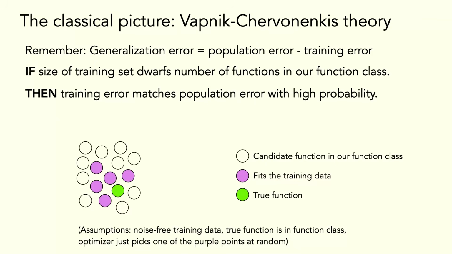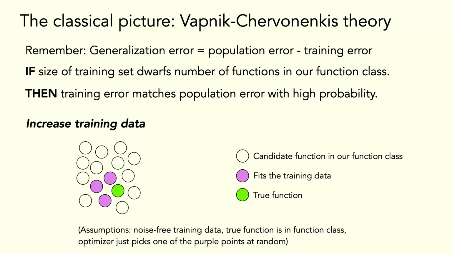So what happens as I increase the training data? Okay, as I increase the training data, some of those purple points turn off. Because if I add a new data point, some of the functions that fit the data previously no longer will fit the new data because there's more constraints. Every new data point adds new constraints that you might violate.